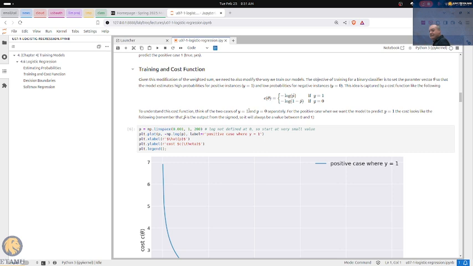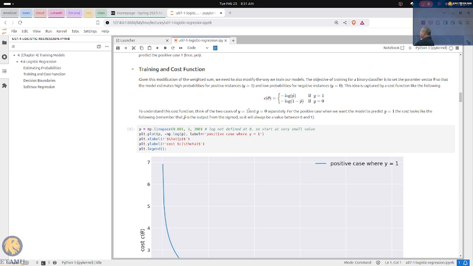relatively easy to understand. Again, we'll only talk about binary classification. We can later extend this to a multi-class problem, but let's concentrate on where the problem we're trying to model is either a 0 or 1. In that case, the labels we're using to train the model are going to be either 0 or 1.